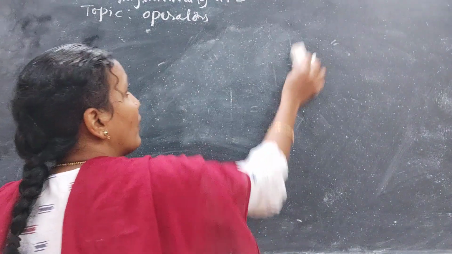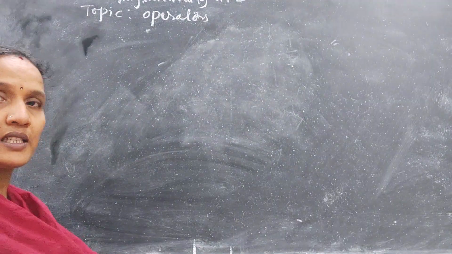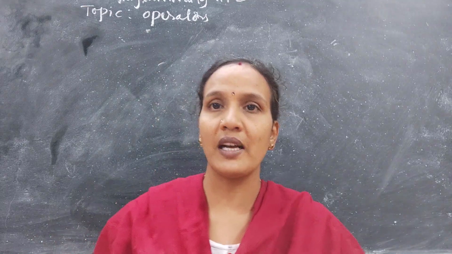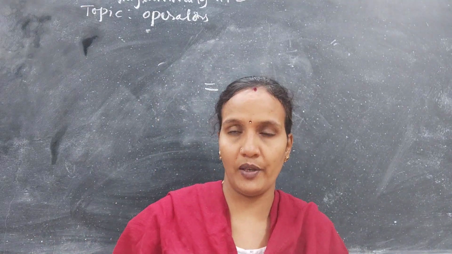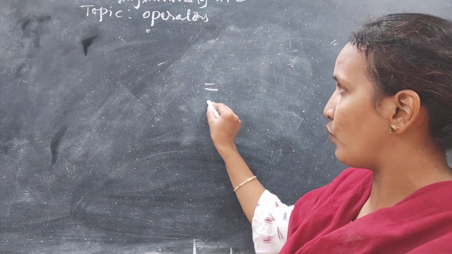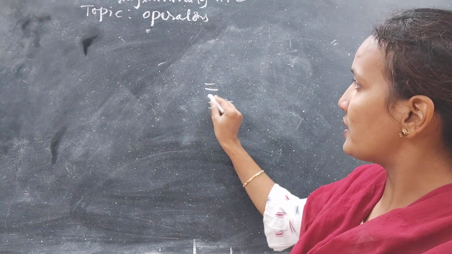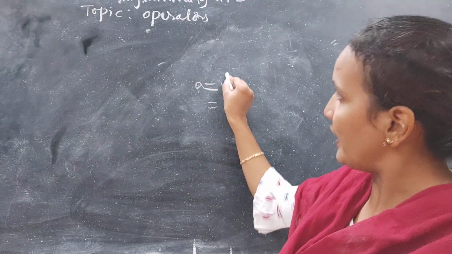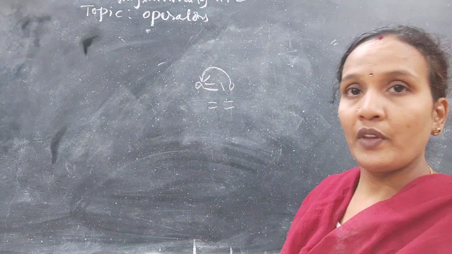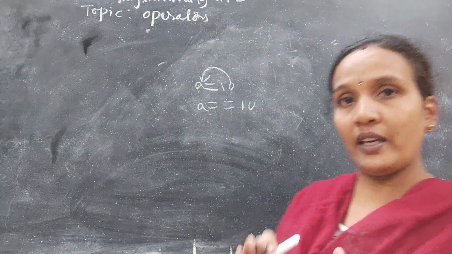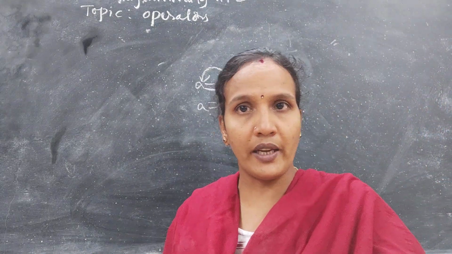Next, one more operator I explained in the last class, the assignment operator. The assignment operator is used to assign a value to a variable. Here there is a single equals and a double equals. The single equals is for assigning a value, for example A equals 10 means 10 is assigned to A. But if you write A double equals 10, we are comparing whether the value of A is equal to 10 or not.